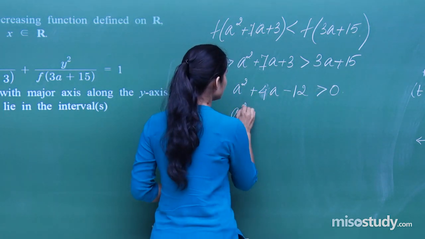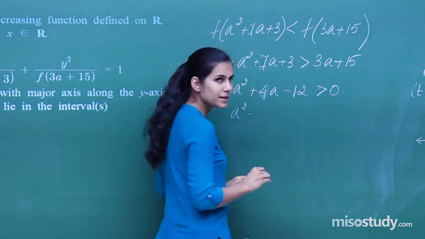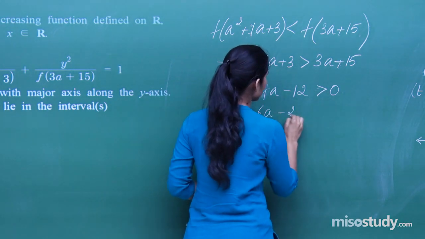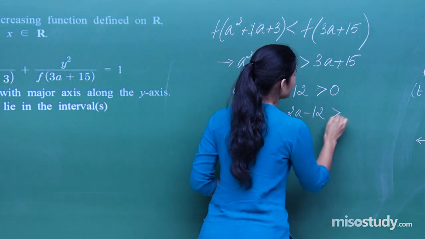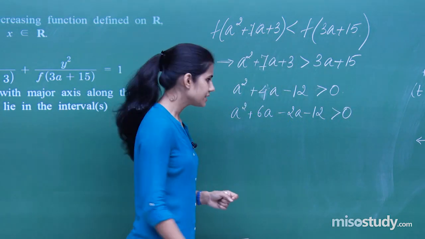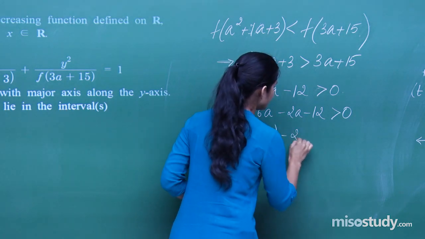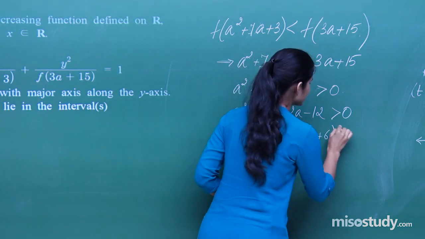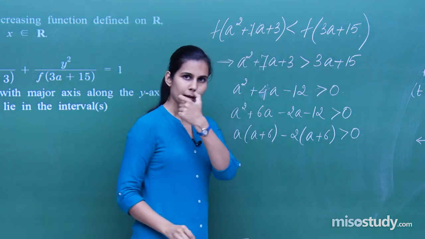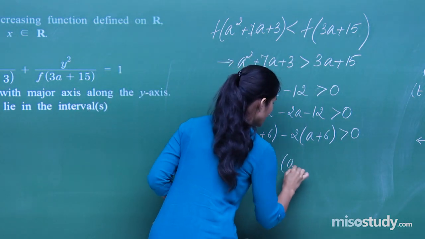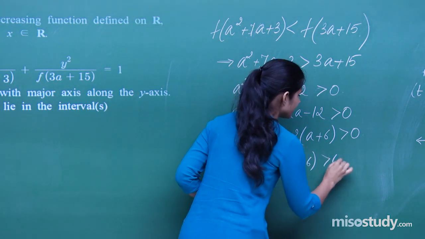Now you can very easily break the middle term. What would that be? A square plus 6a minus 2a minus 12 is greater than 0, right? So this becomes (a plus 6)(a minus 2) is greater than 0.